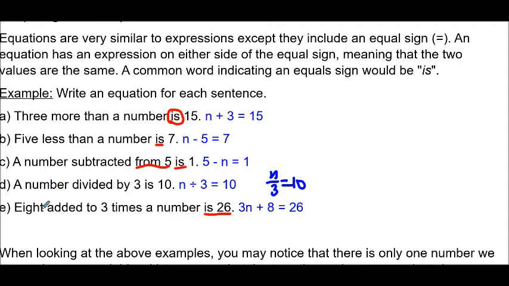If I'm adding to 3 times the number, that tells me that this part here comes first. So 3 times the number is 3n. Then I'm going to add 8, and that is 26, or equal to 26.